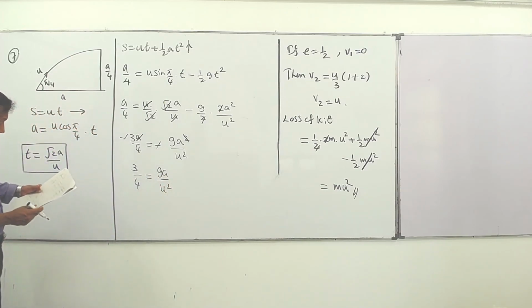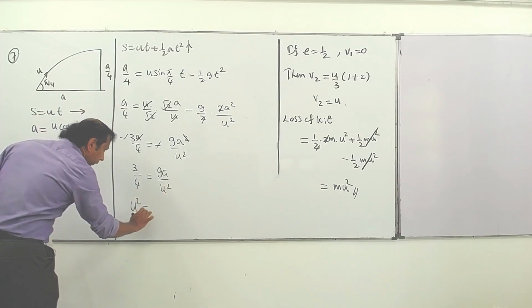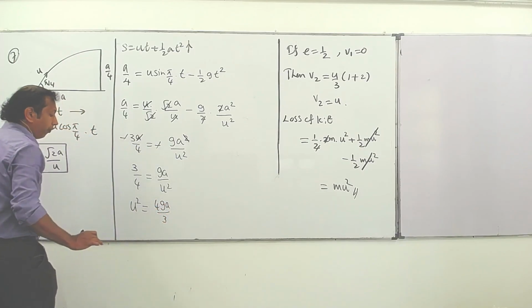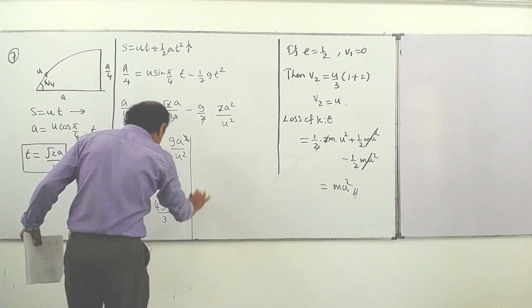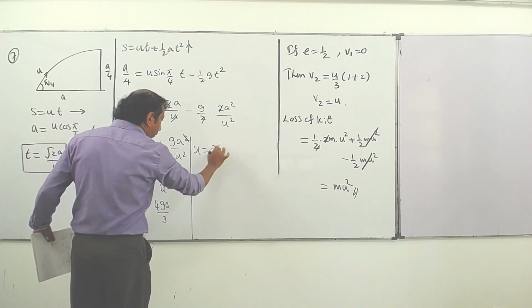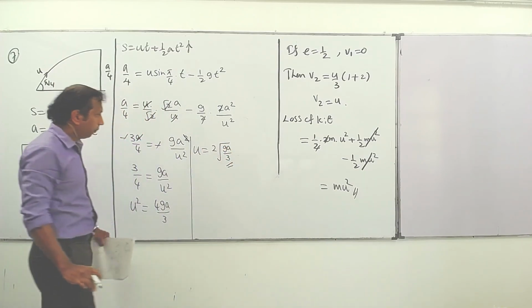Then you can take u squared as the subject, 4 g a by 3, and therefore we can write u equals root of g a by 3 is u.